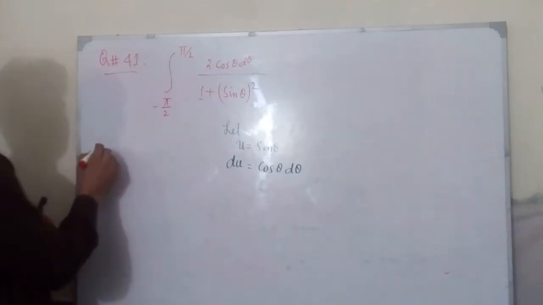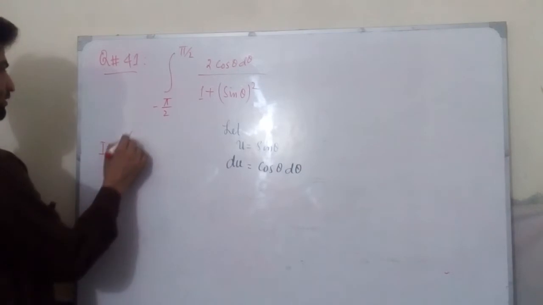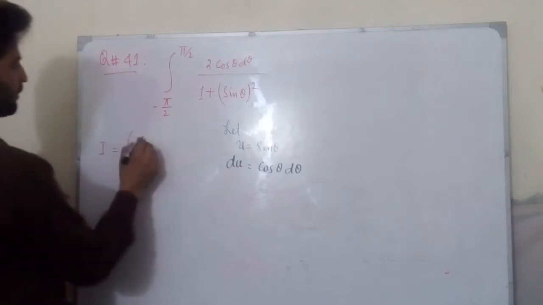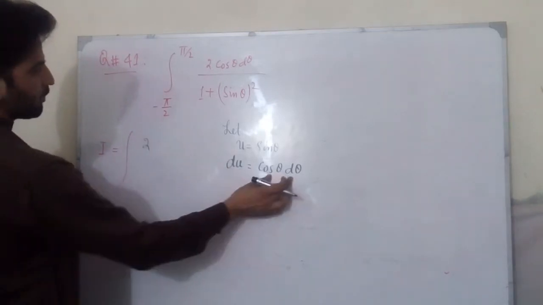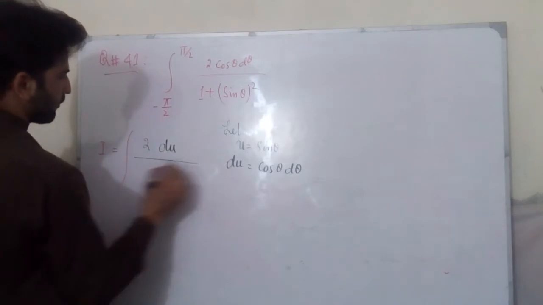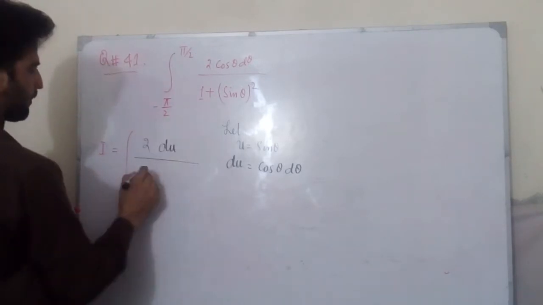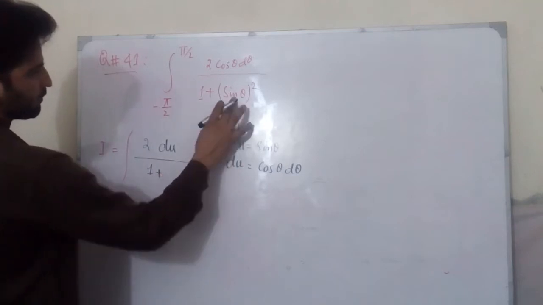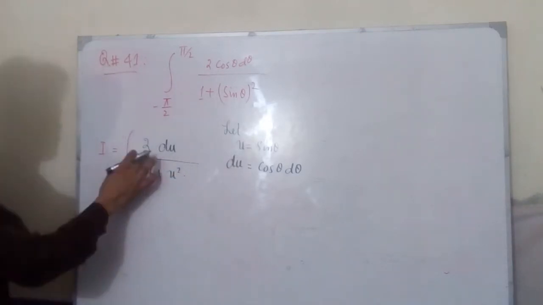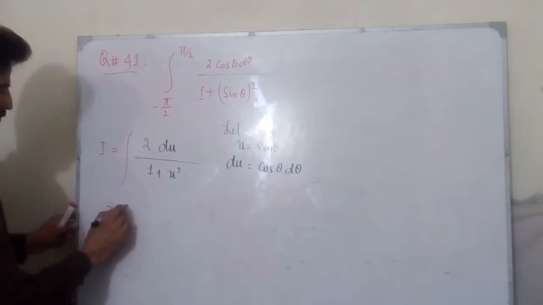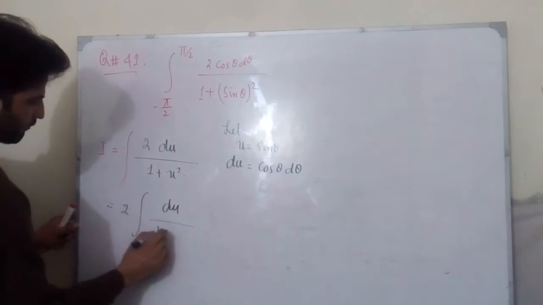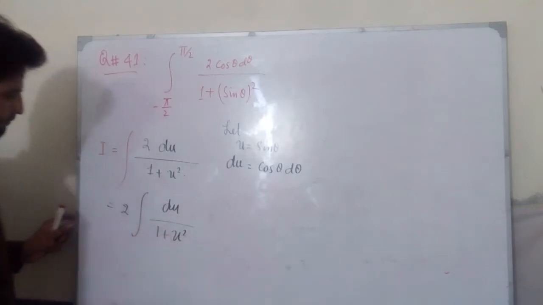So the integration equals 2 times cos theta d theta, which is du, over 1 plus u square. So 2 times the integral of du over 1 plus u square.